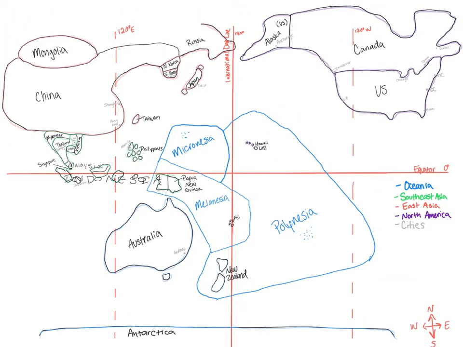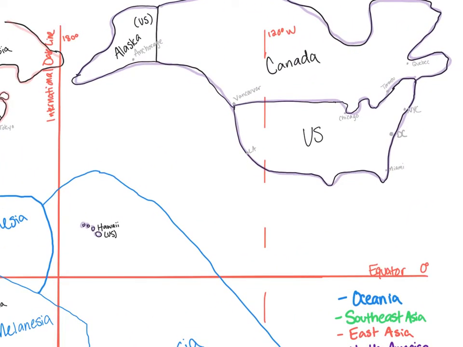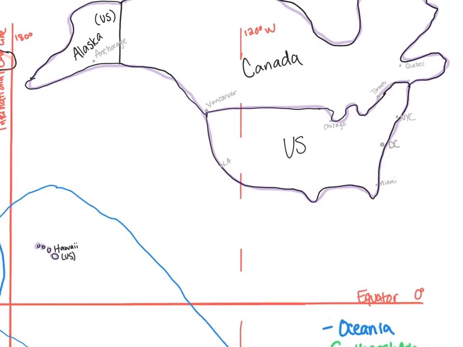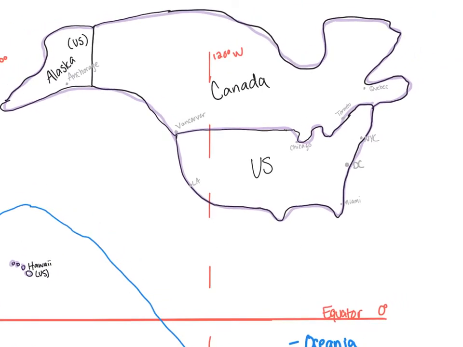Now we'll do some mountains. The mountains are going to be brown. All right, we'll start in the U.S. We have 2 that are easy to know over here in the U.S. We have the Appalachian Mountains, which are along our east coast over here. Goes pretty far up into Maine over there.